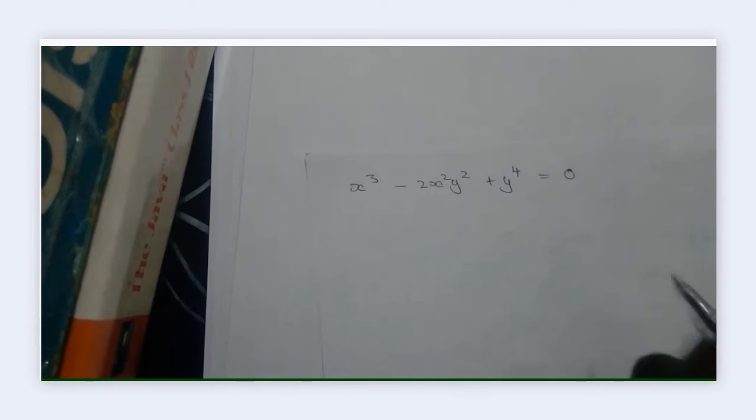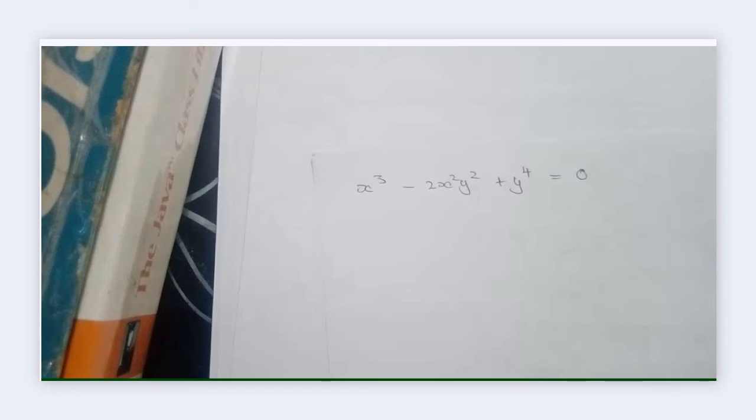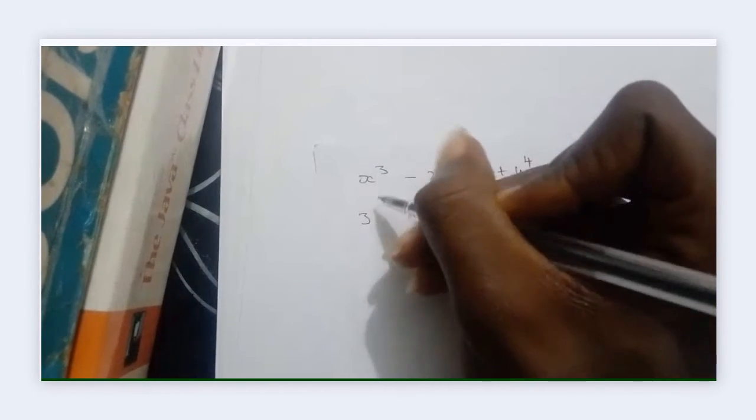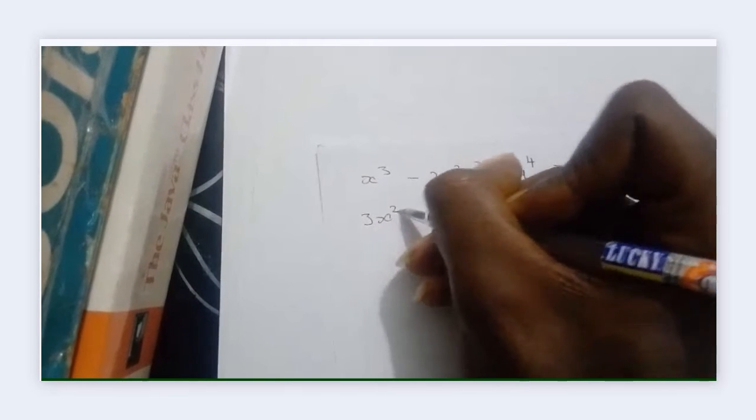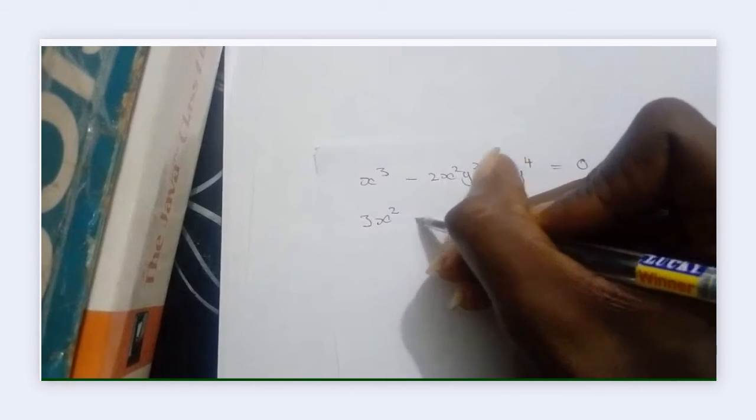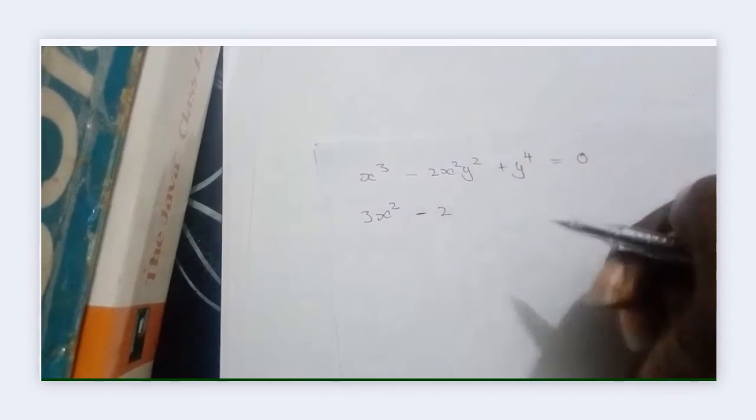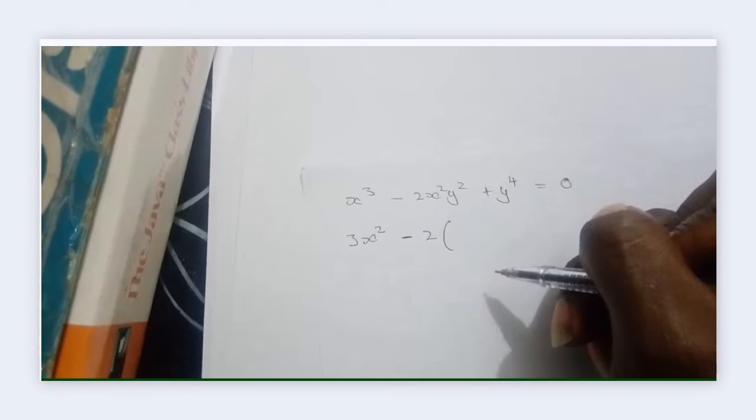So for this, I will just have to differentiate just as before. So this one will just be, differentiating this, we have 3x squared minus, just keep the 2 aside, open the bracket, right?